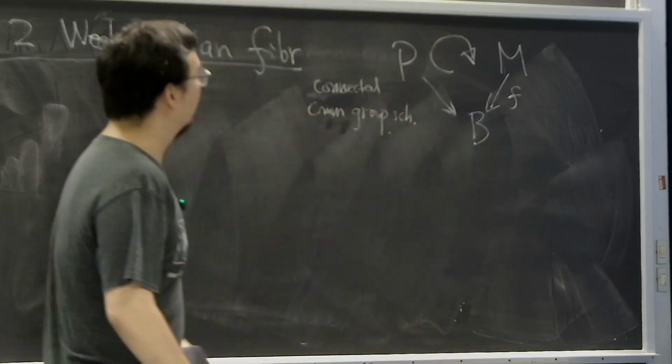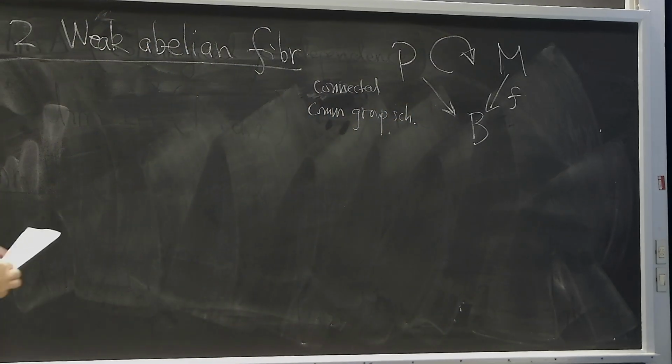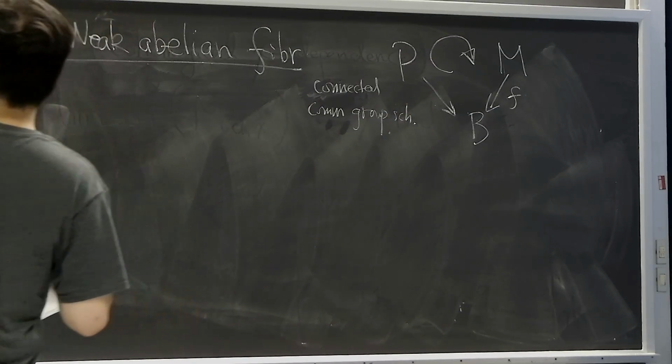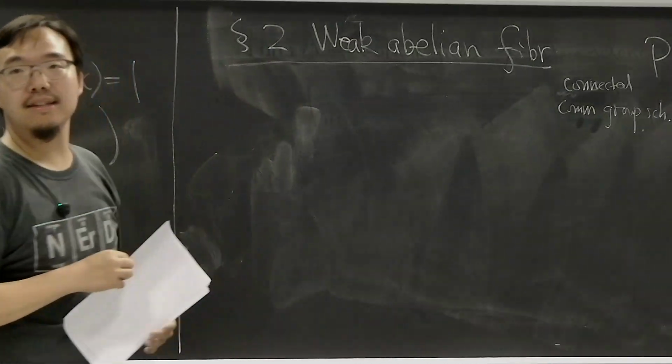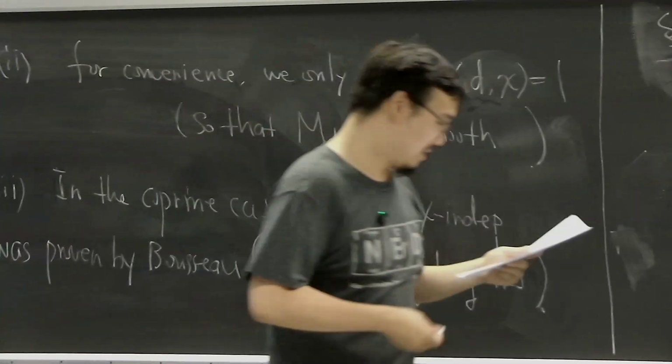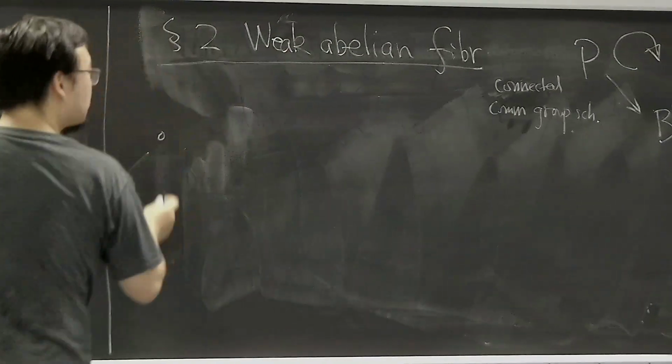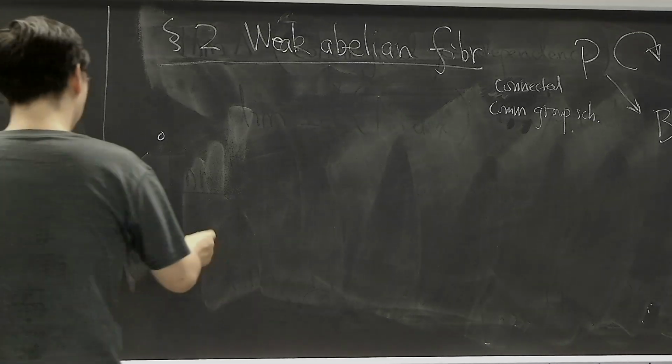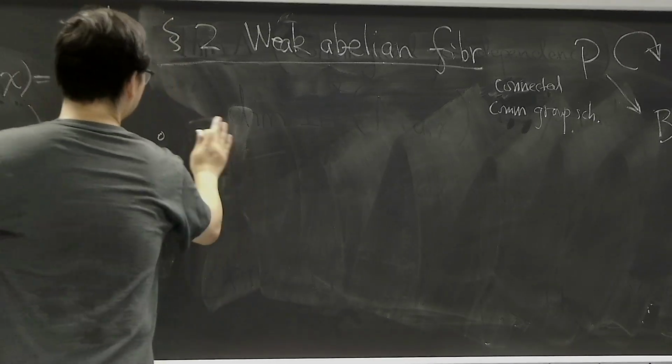So, okay, how do you find it? The claim is that for the situation we're interested in, it is indeed a weak abelian fibration. But let me just explain where you can find this P. So here the B in our case.